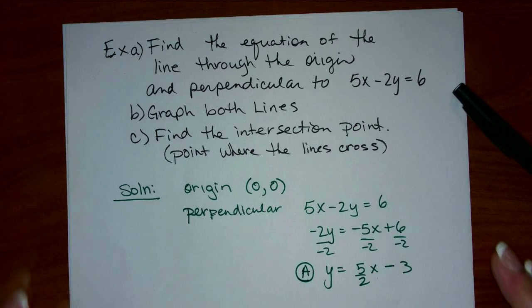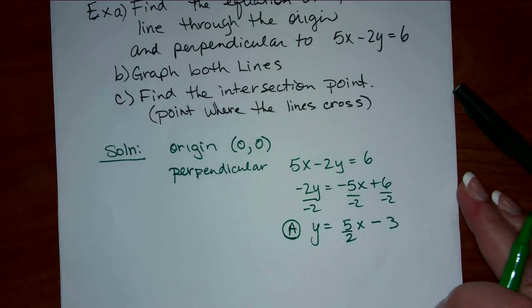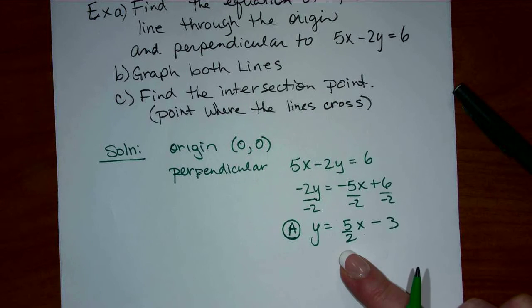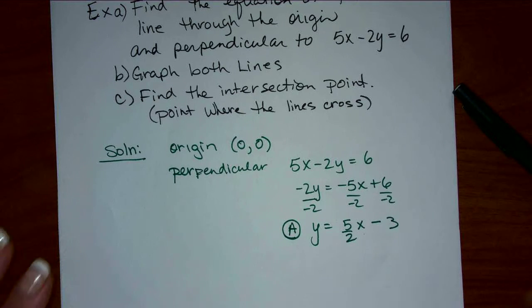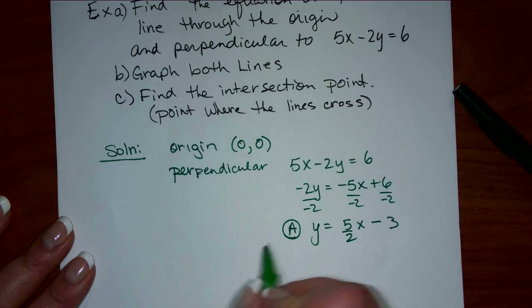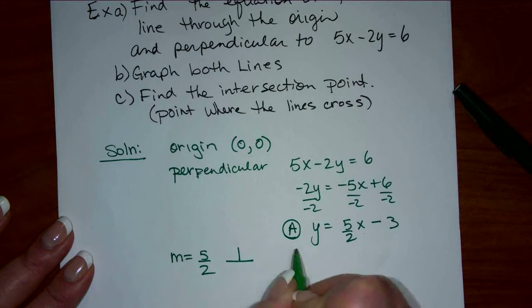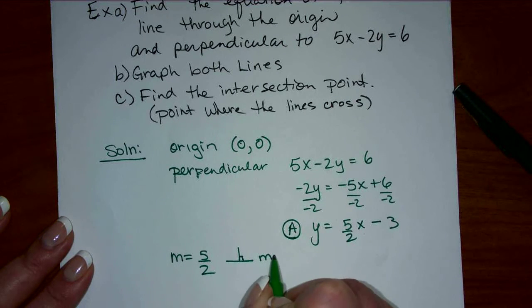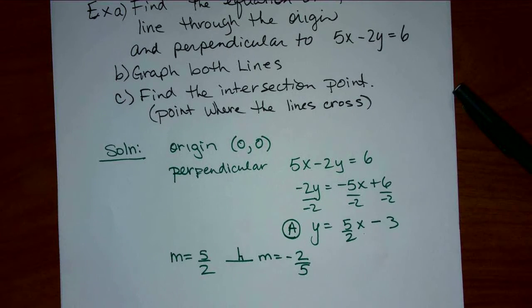So there's line A. The slope of that line is 5 over 2. The y-intercept, because we'll need it later to graph it, is -3. So that line has a slope 5 over 2. We want the perpendicular slope. So flip it over and change the sign. So -2 over 5.